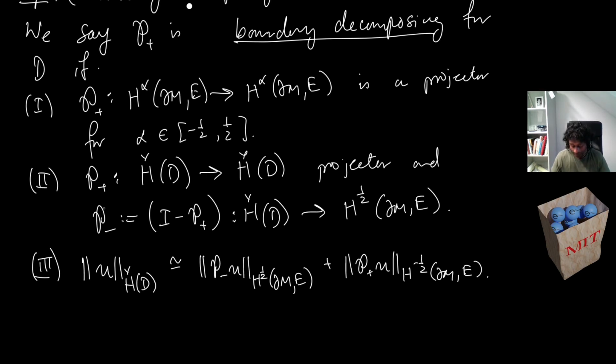Now if I have a projector, I know that the range is closed. So its range is closed and it's landing me in H1/2, then it means that the H check norm must be comparable to an H1/2 norm.